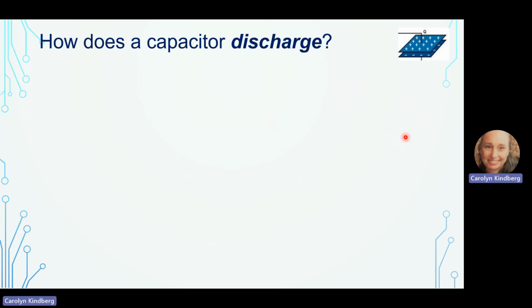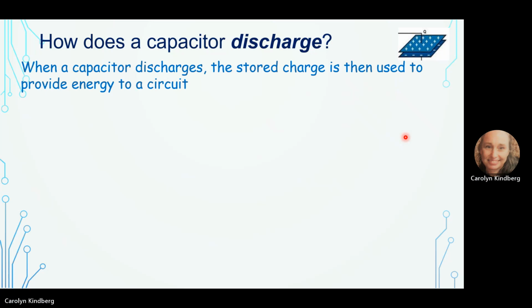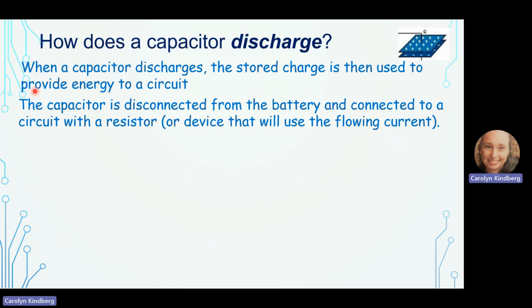We're going to start to look at how a capacitor discharges. When a capacitor discharges, the stored charge on the capacitor is used to form a current which provides energy to a circuit. We have to first disconnect the capacitor from the battery and then connect it to a circuit with a resistor or device that will use the flowing current.